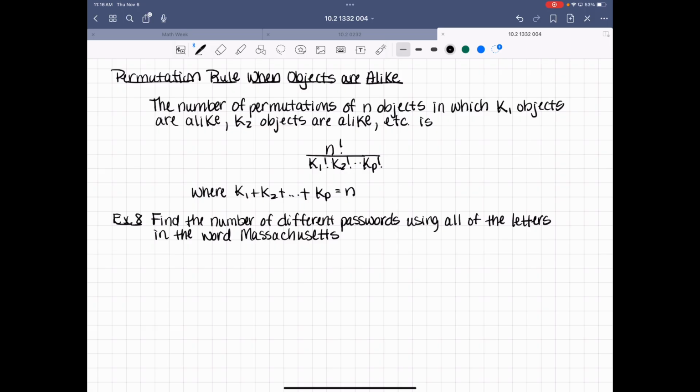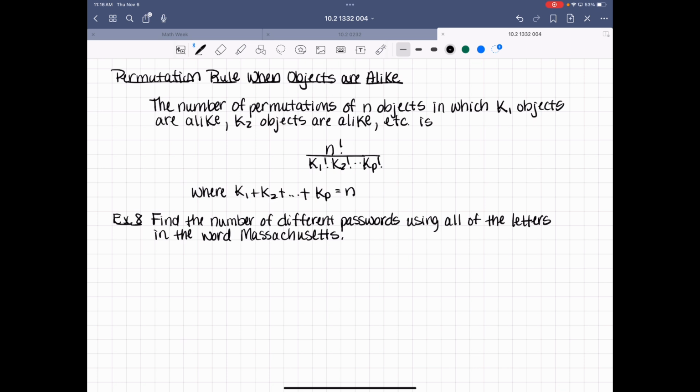Okay? So, find the number of different passwords using all of the letters in the word Massachusetts. Okay, so here's the deal. You have n letters, n number of letters in that word, and you're choosing all of them.